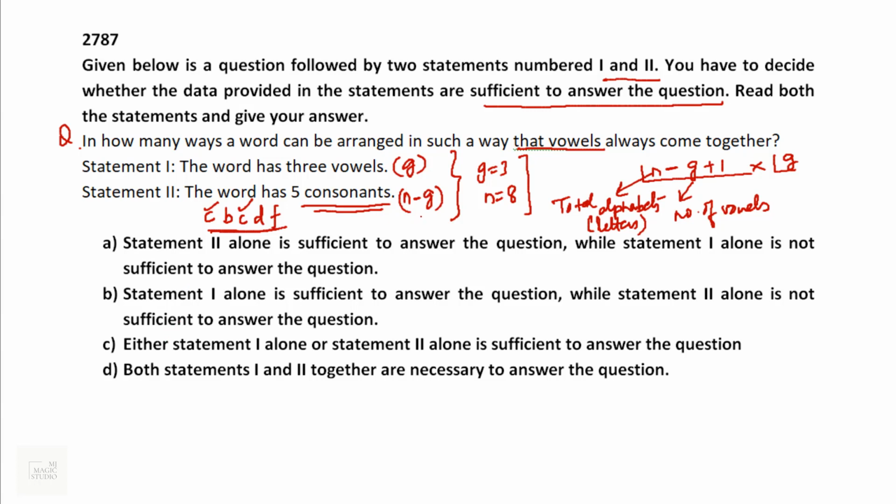Where is the evidence that the letters in this given word are non-repetitive? There is no evidence for that. That means data is insufficient. Hence, data is not sufficient enough for us to answer. Both statement 1 and 2 together are not sufficient to answer the question. Option D fits in.